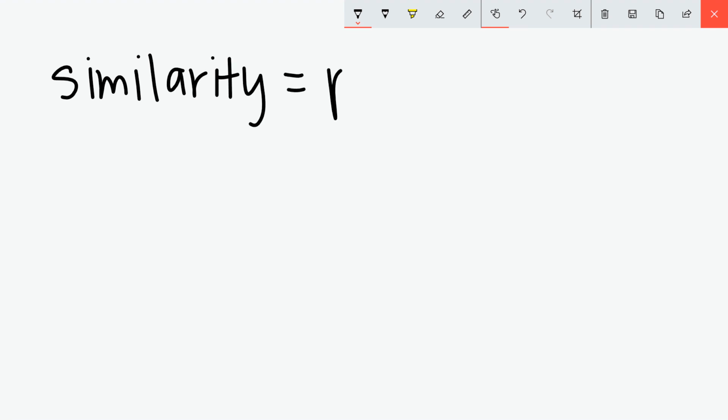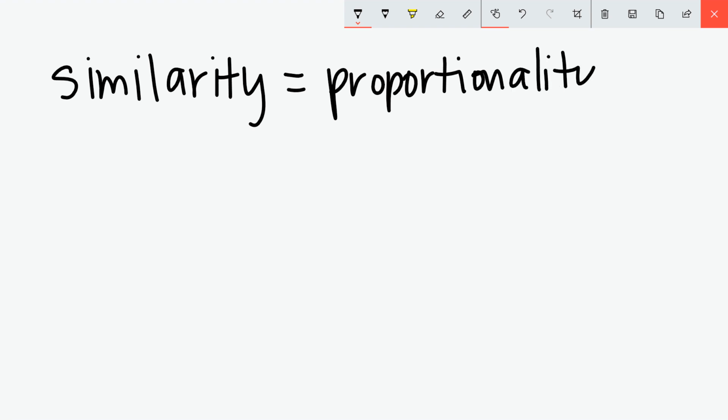Remember things that, like, similarity equals proportionality. Okay. That means basically that they share some sort of link between them, which is your scale factor, in between a preimage and an image.